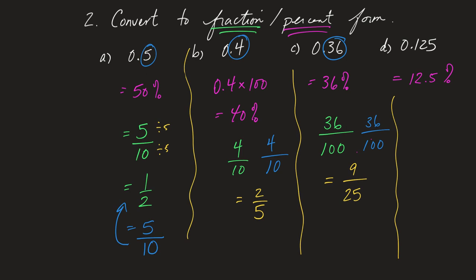Okay, last one. You take a look at 0.125. Well, either way we're coming in, we should have 125 over something. Either the 5 is in the thousandths column, so we get 1,000, or 3 decimal places means 3 zeros.